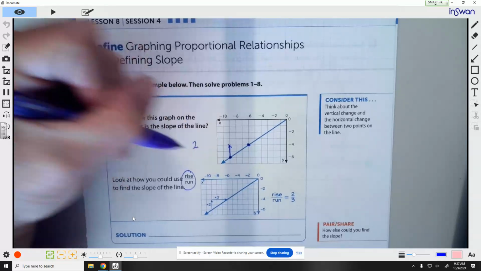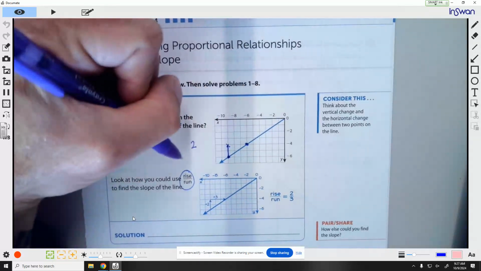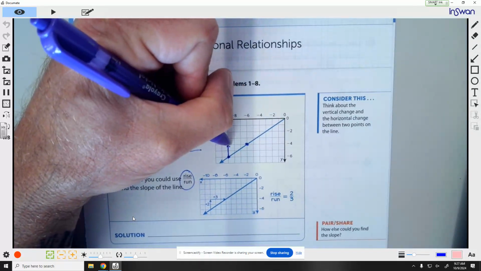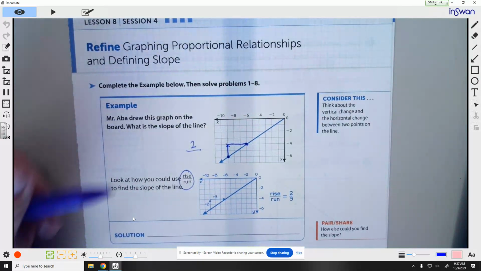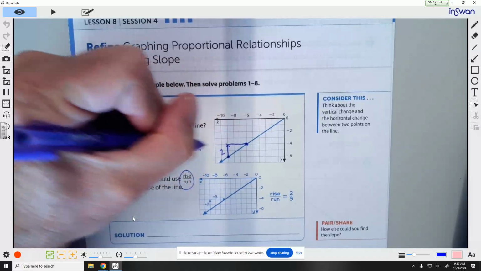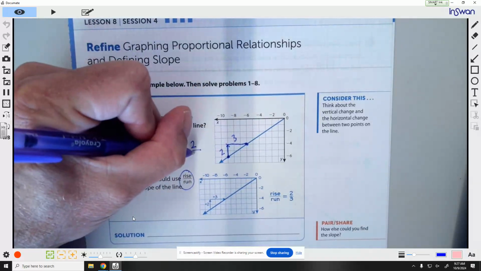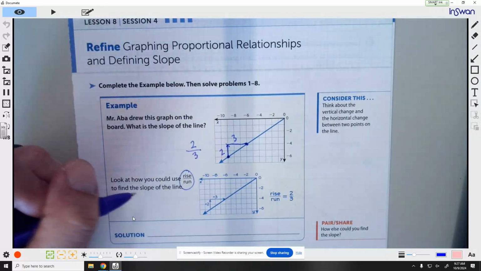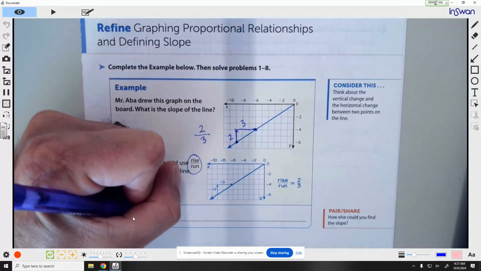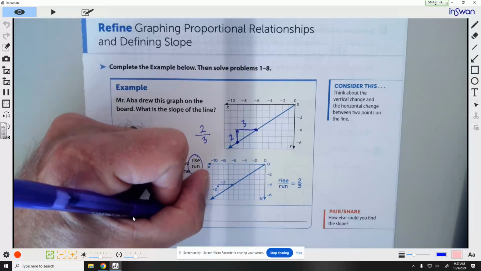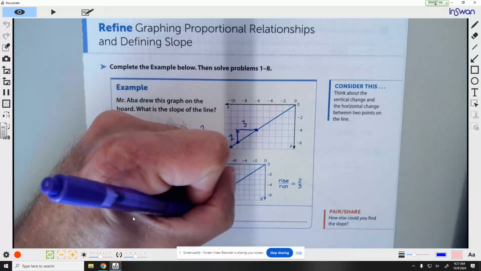In this case, it would be 2. And then over how much you have to run to get to the point on the line, which is 3. So 2, 3 that way. So our slope is 2 over 3. So down here, solution, the slope is 2 over 3.